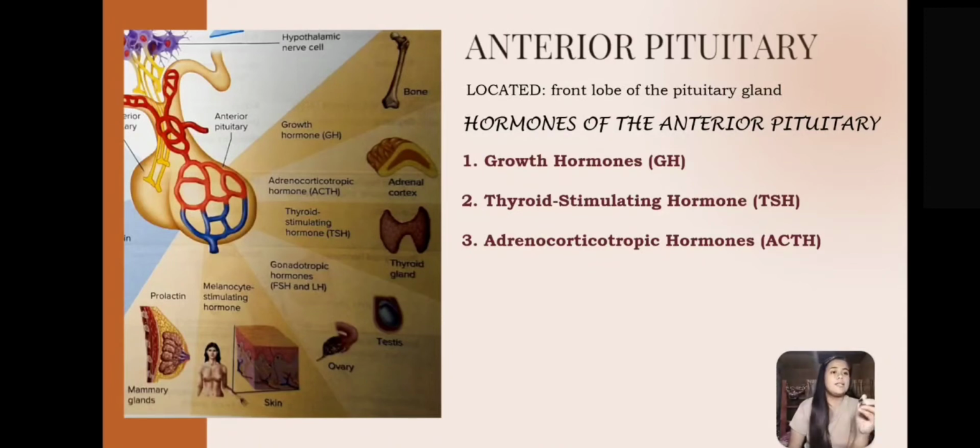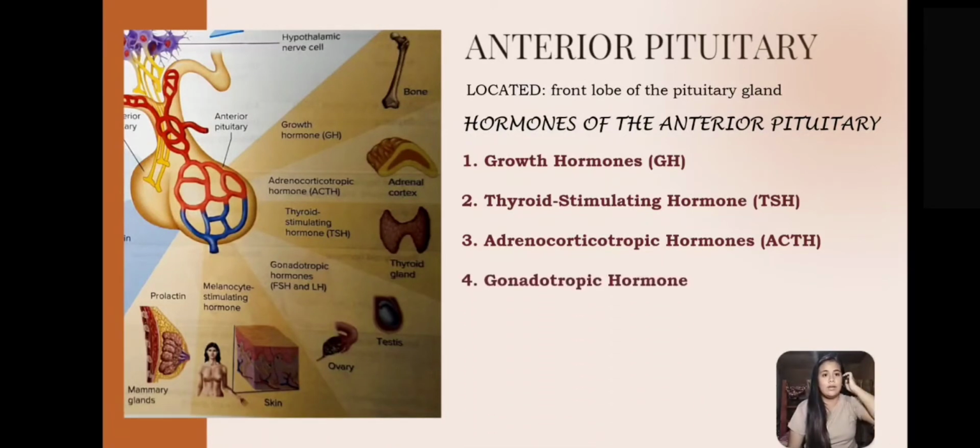So, this ACTH, which is released by our pituitary, regulates the endocrine activity there. Let us define more the cortex portion of our adrenal gland later. Mas ma-discuss pa na nato siya.